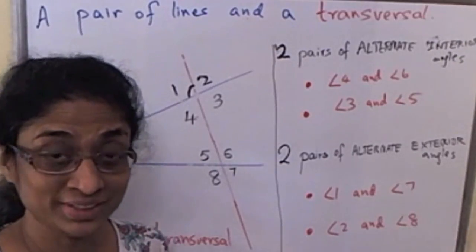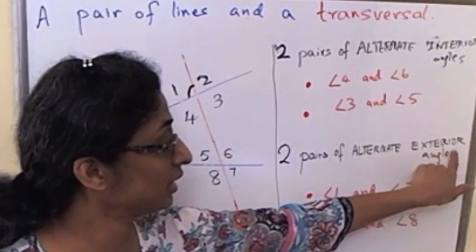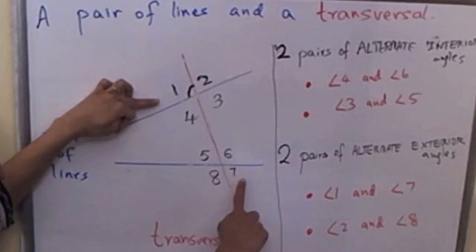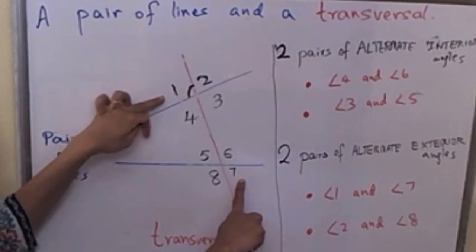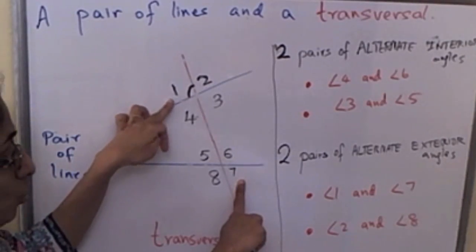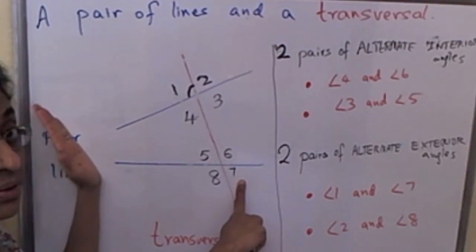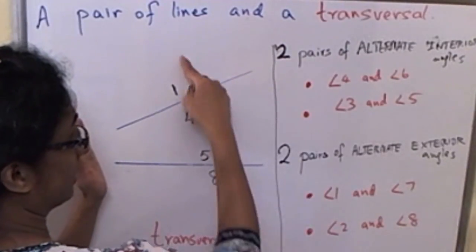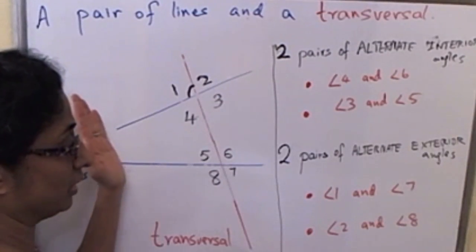You have probably guessed what alternate exterior angles mean. 1 and 7 are alternate exterior angles. Alternate because 1 lies on this side of the red transversal, 7 lies on the opposite side of the red transversal.